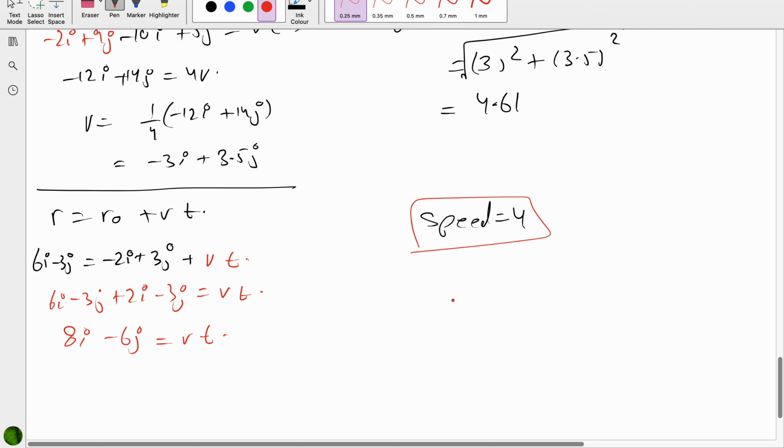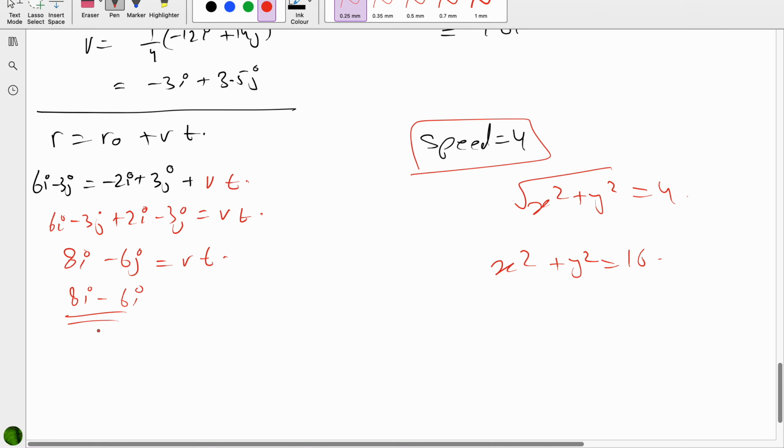When the speed is 4, so basically 8i minus 6j, speed 4 actually means that x squared plus y squared, whole square root, equals 4. So x squared plus y squared must be equal to 16.